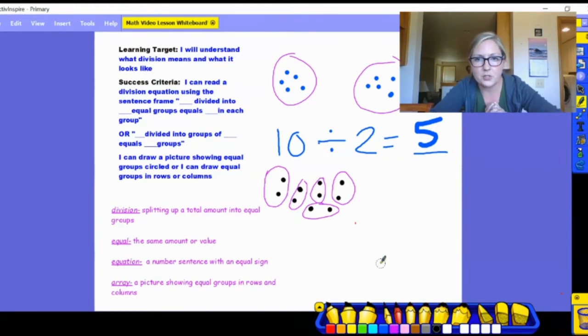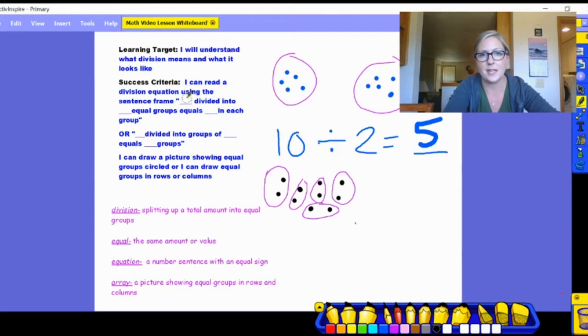Look at this equation just quickly to talk about how we could read this equation using one of these sentence frames here. So on the first blank is the number that we start with, the total that we're dividing. So in this case, we were dividing 10.